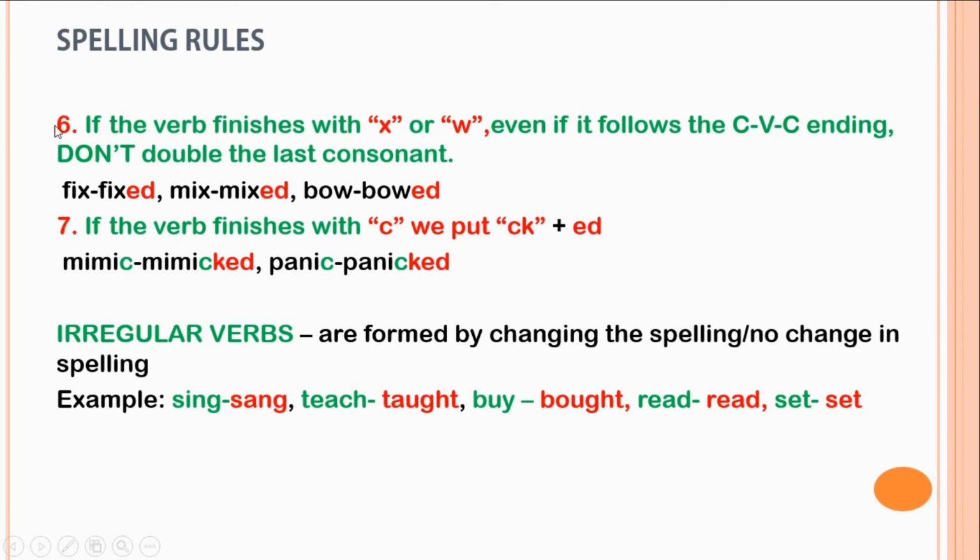For rule number 6, if the verb finishes with X or W, even if it follows the CVC ending, we do not double the last consonant. For example, fix, fixed. As you can see, the verb fix follows the CVC ending, consonant, vowel, consonant.